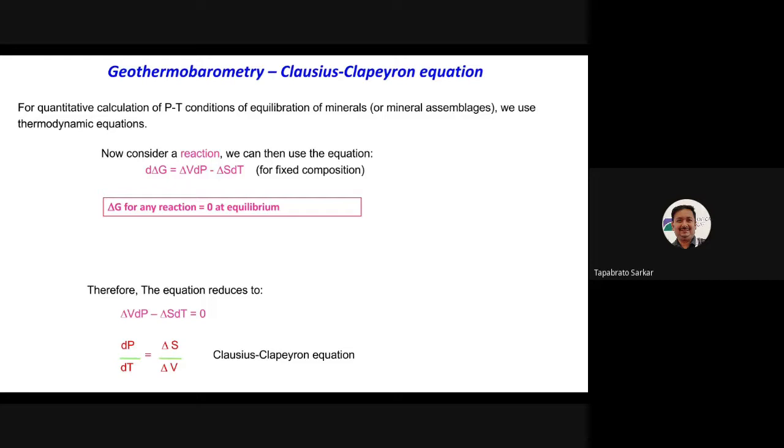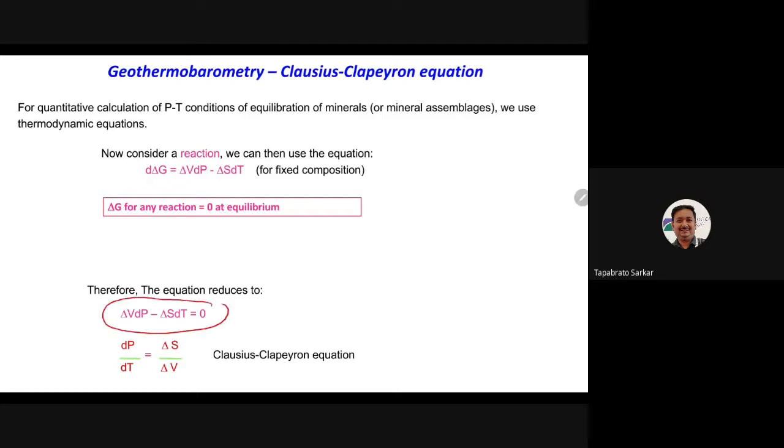So for a reaction in equilibrium, the del G equals 0. At that condition, we can write this equation.